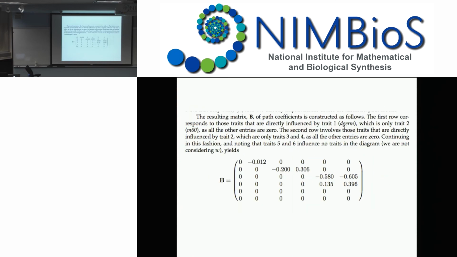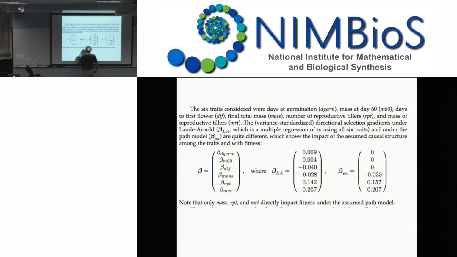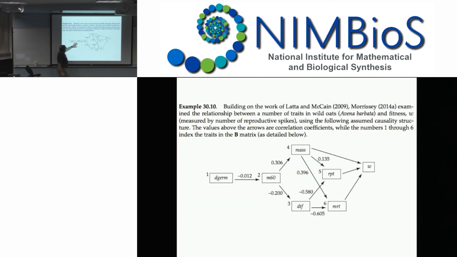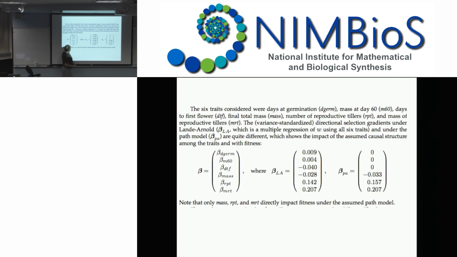What are the extended gradients? Well, here's that B matrix. Let's look at it here. Trait 1 only directly affects trait 2. Trait 2 only directly affects traits 3 and 4. Trait 3 affects 5 and 6. And trait 4 affects trait 6.